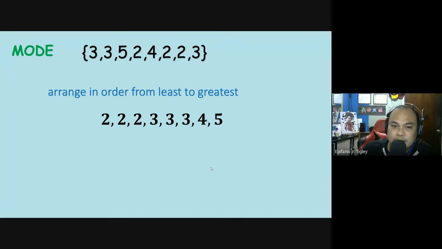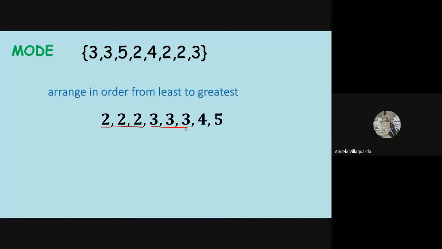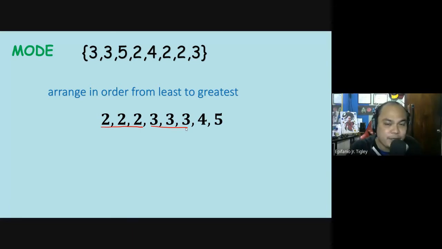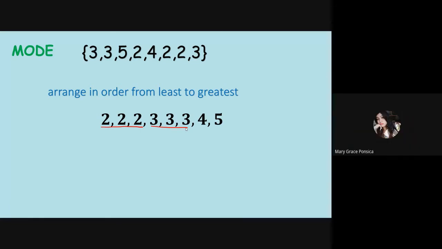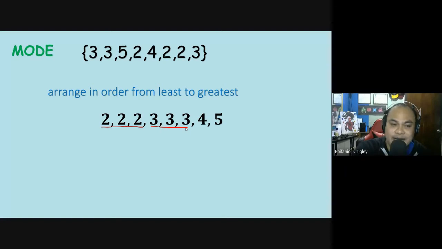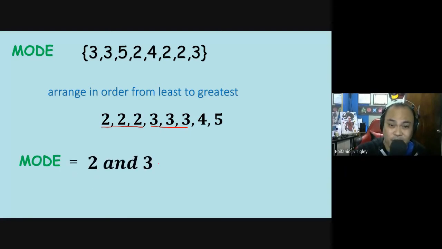Why 2 and 3? How many times did 2 repeat? 3 times. How many times did 3 repeat? 3 times also. So our mode will be 2 and 3. And this is what you call a bimodal. That's very good.